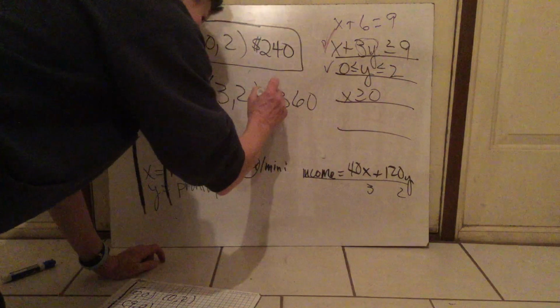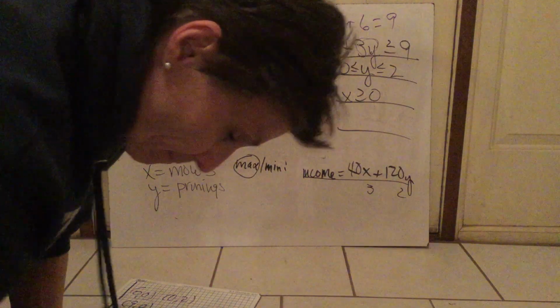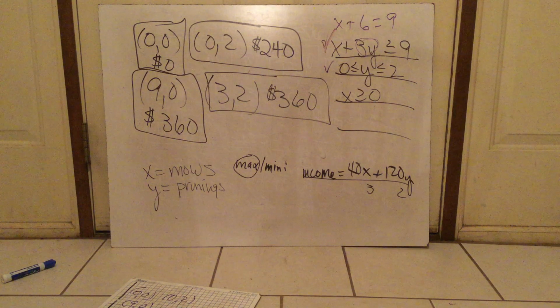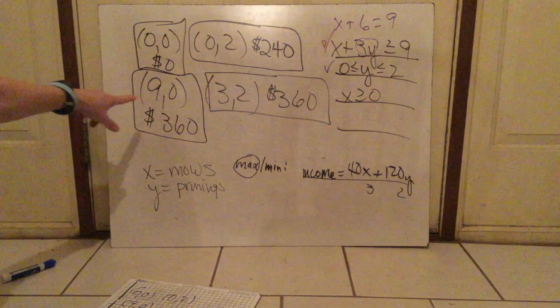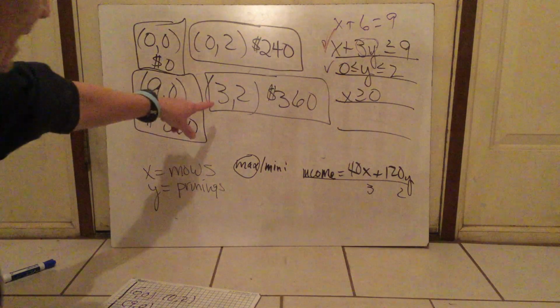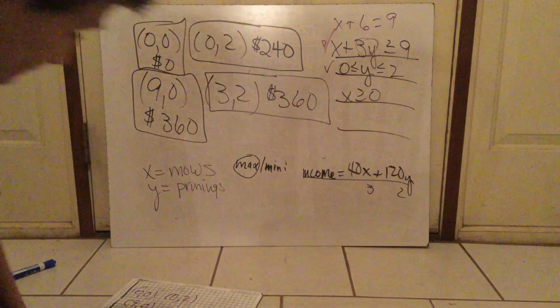Oh, this has never happened before. This is kind of cool. So you're the guy running this company, and you have to decide how many mowings and prunings to do. What happened? You got a choice, don't you? Because mowing 9 yards is going to give you the same income as mowing 3 and pruning 2.